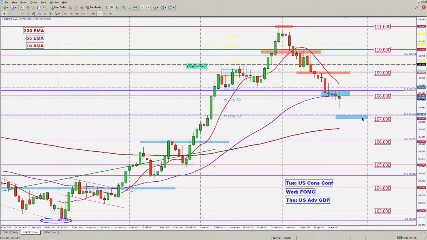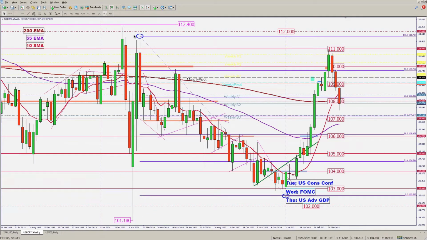The next support zone is between the 107 and the 50 pip retracement, and that's the retracement of this swing down lower. It did climb up above 78.6, but has now retreated back down again and is threatening to dip down into that support zone.